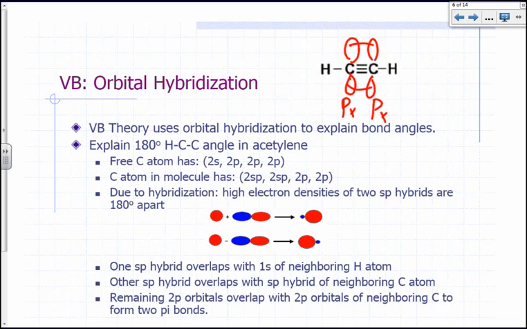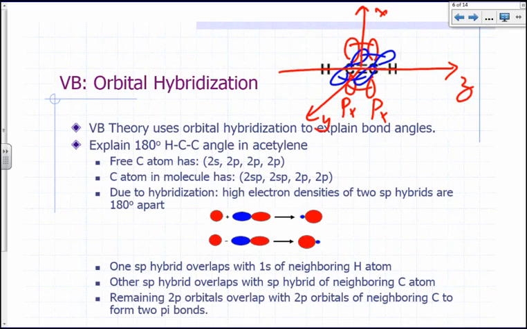The other pi bond comes about when you have an overlap between the py orbital on this carbon and the py orbital on the other carbon. So that takes care of the two pi bonds. In other words, we're assuming here that this is our z-axis, and then your x-axis would be this way, and your y-axis would be this way.